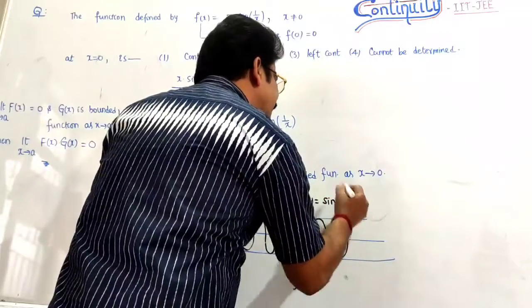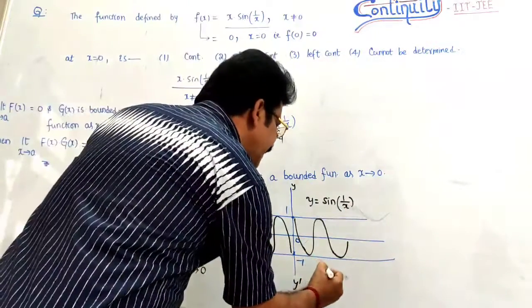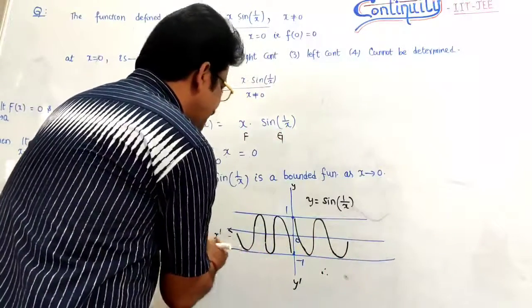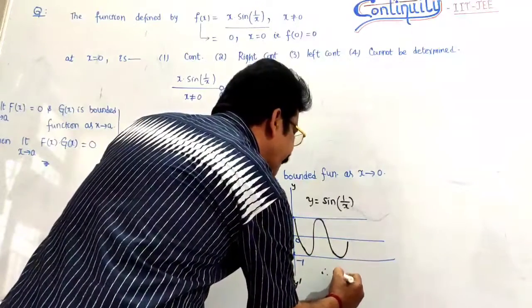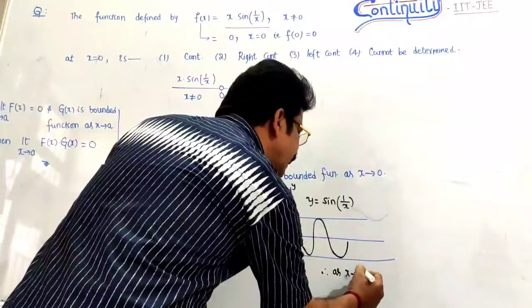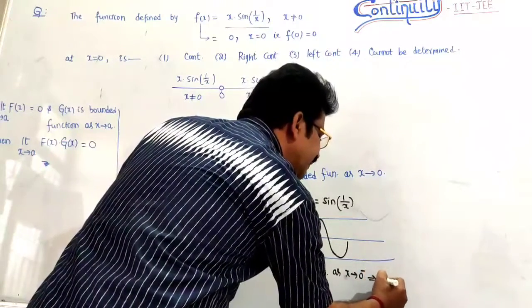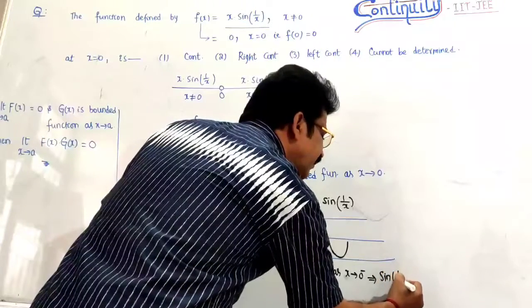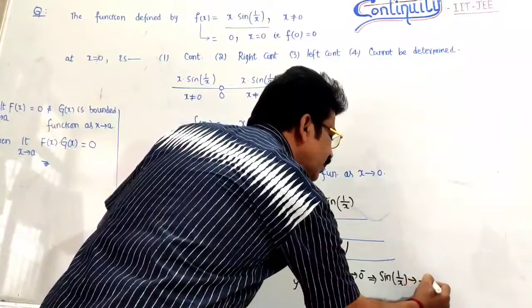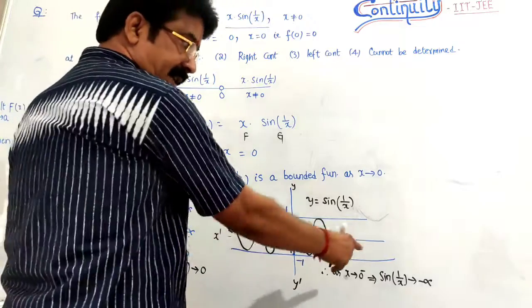What I am telling is that ultimately, as x tends to 0 minus, the left hand side, sine of 1 by x oscillates toward minus infinity. This is the conclusion.